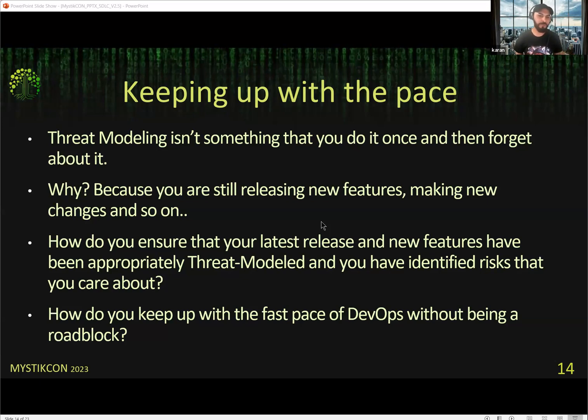Some are doing a few releases per week, but it varies from organization to organization, right? However, the number of features and the amount of code that you are introducing is not becoming less, right? Therefore, it is super important that for every change you're making, you still have some sort of methodology that allows you to threat model and provide some sort of assurance across those releases or features that you're deploying to the products, right?